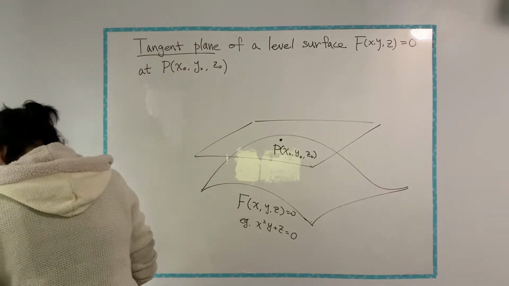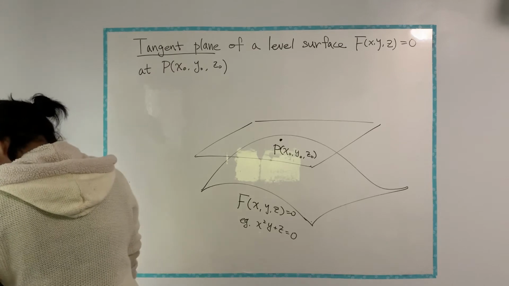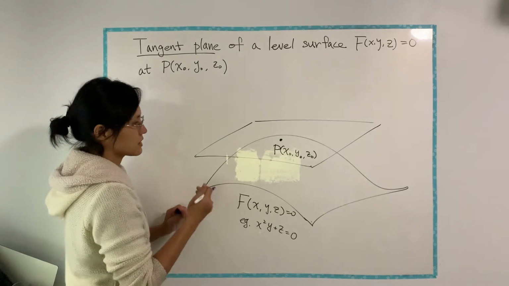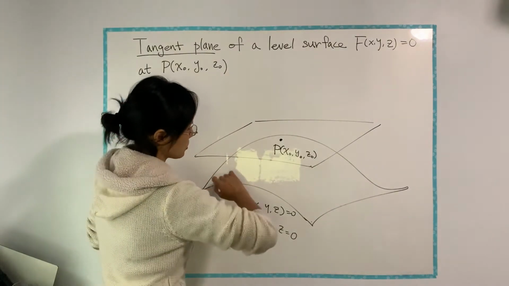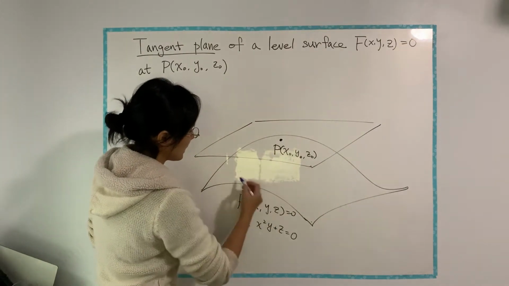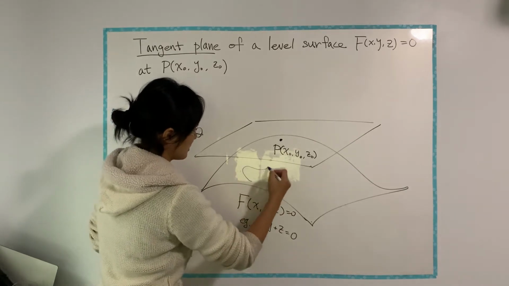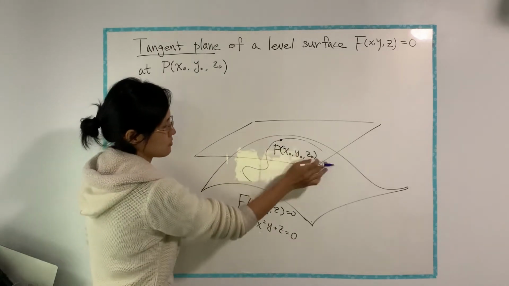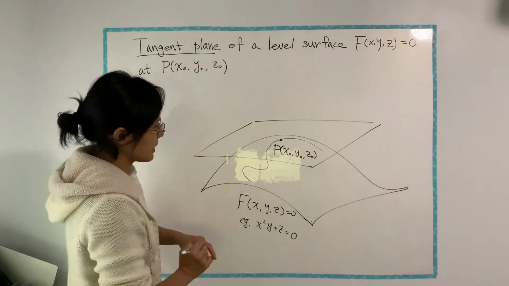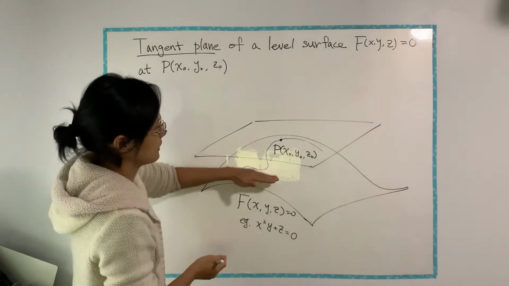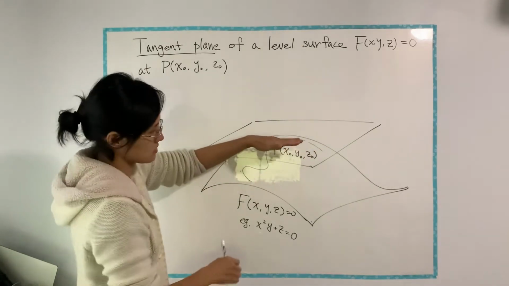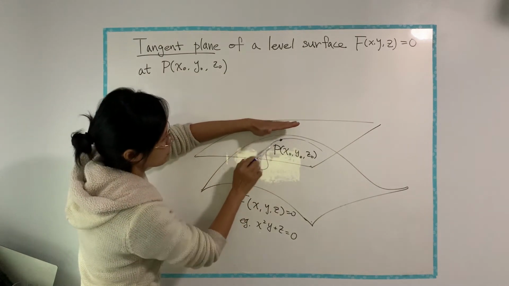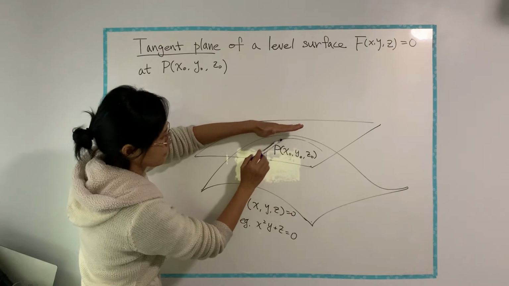All right, so before we talk about equations and other fancy stuff, let's just think about it. If I have any arbitrary curve sitting on the surface but passes through P, what do you think about the tangent plane and the curve sitting on the surface? You can imagine that this plane would also be tangent to the curve, right?